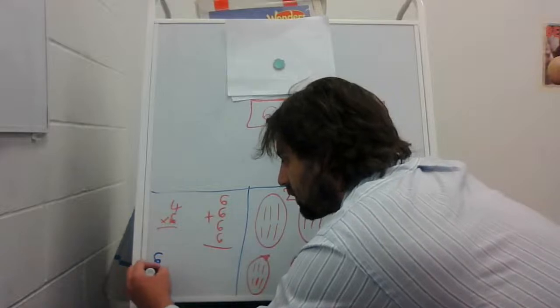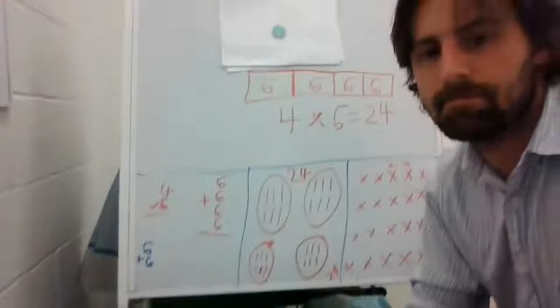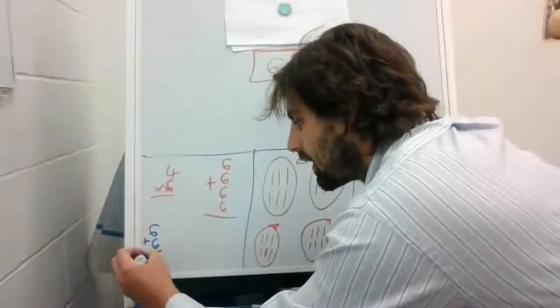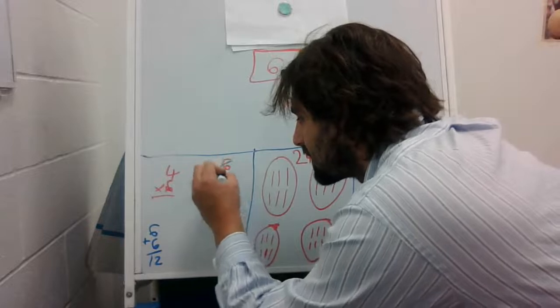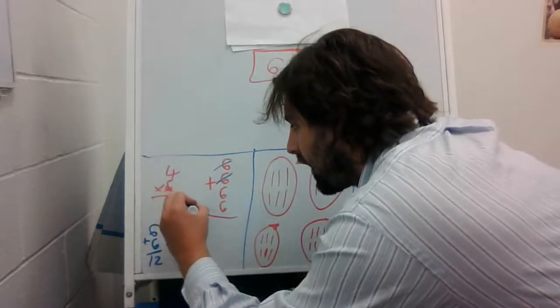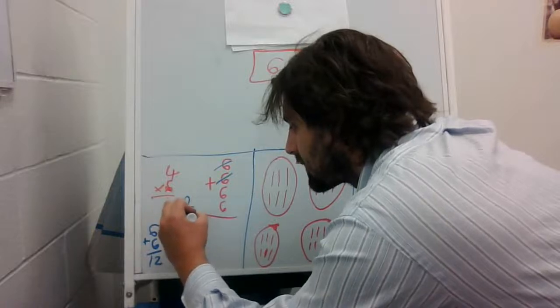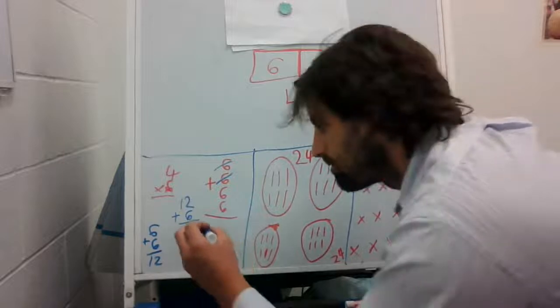So 6 plus 6 equals 12. So I just added the number 6 twice. Now I'm going to add 12 plus 6. 12 plus 6 equals 18.